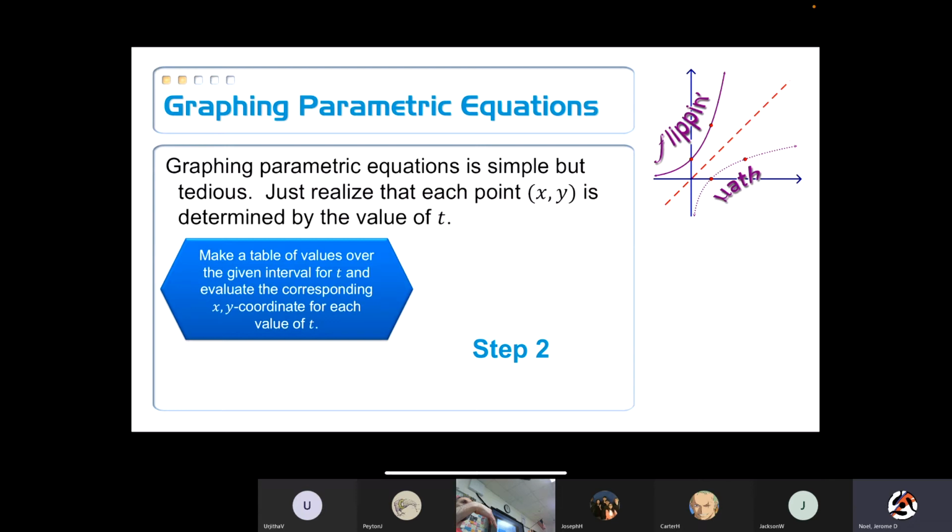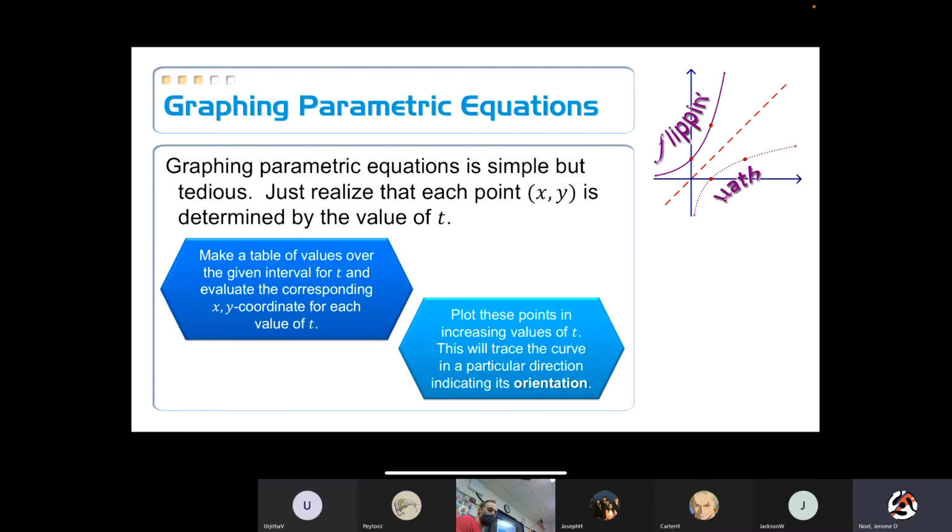Increase your value of t. Now, t is a continuous variable, so we're only picking some integer ones just because that's easy to plug in. But we would know that we would get all of the stuff in between. And then graph that as a set of ordered pairs and connect them, and make sure you pay attention to the orientation, what direction it goes in.